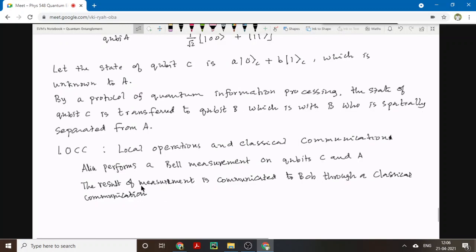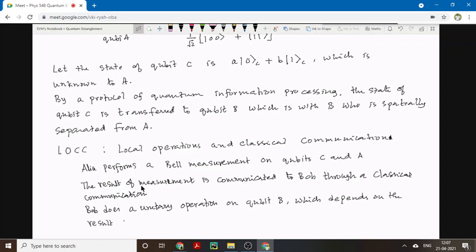And then Bob does a unitary operation on qubit B, which depends on the result of Alice.